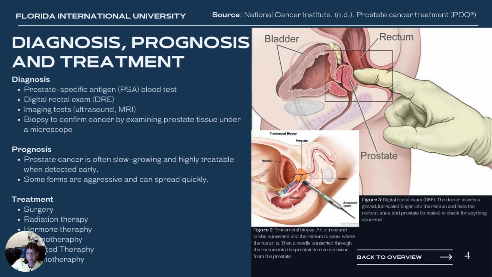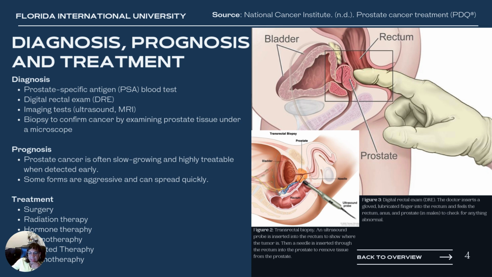Then there is chemotherapy, which uses medicines to kill cancer cells and to slow their growth or to stop them from spreading. Then there is also the targeted therapy, which is done by taking drugs by mouth or injection or intravenously.